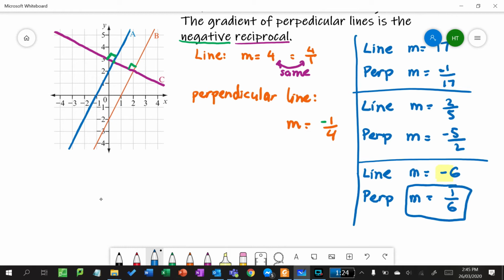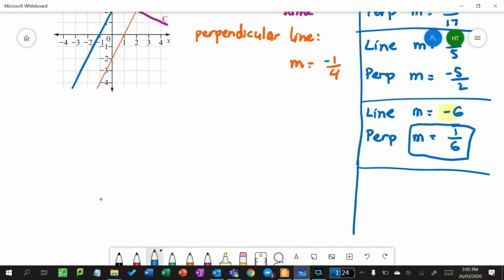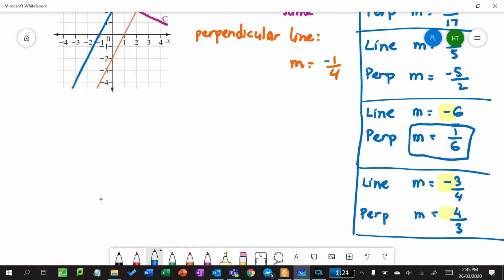It becomes a positive. Always the opposite sign. Let's try one lucky last one. If I had a line and the gradient was equal to negative 3 over 4, then the perpendicular line would have a gradient of 4 over 3. Because it's a negative here, there'll be a positive there. Quite easy, isn't it?